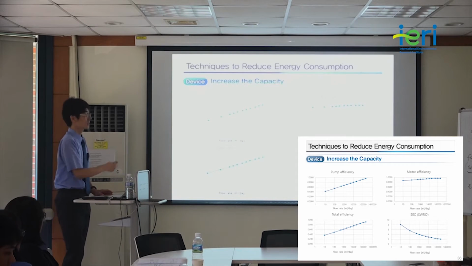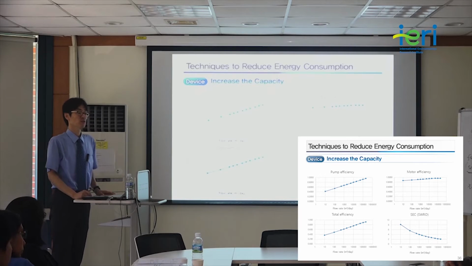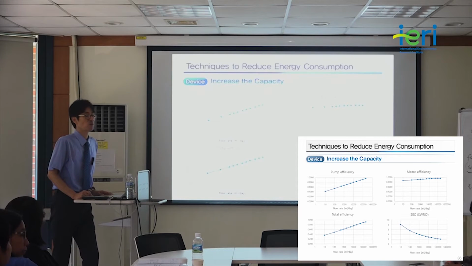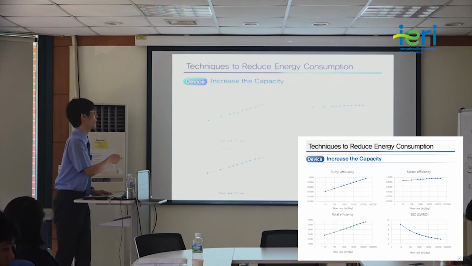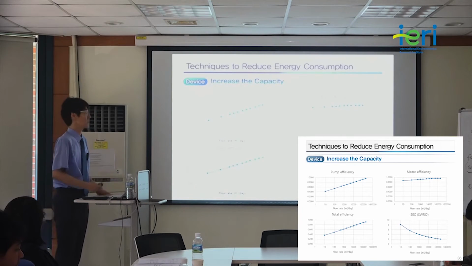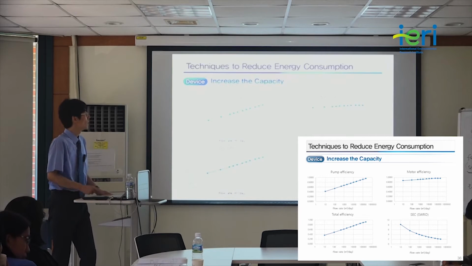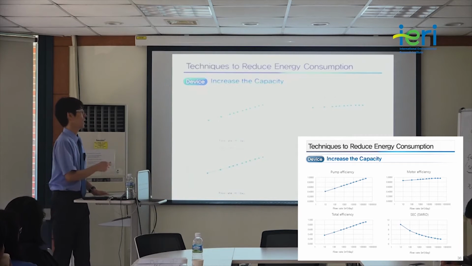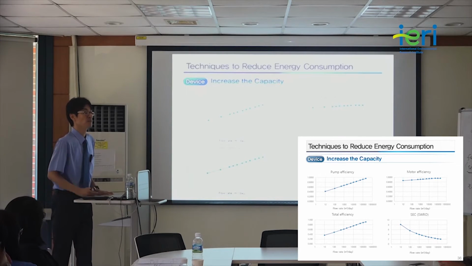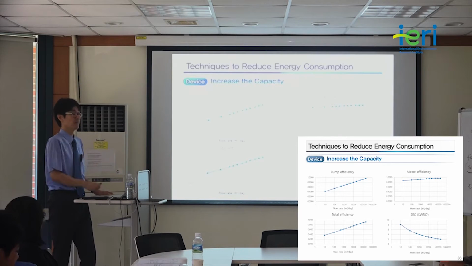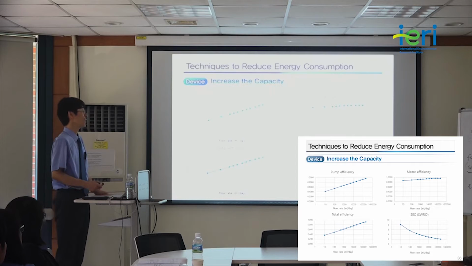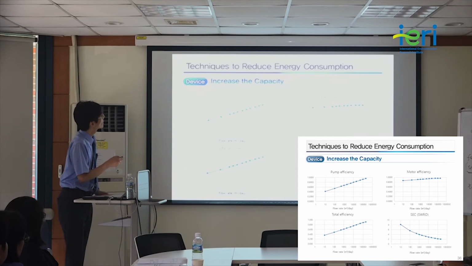In this case, if you supply the electricity, less than 40% of the electricity can be converted to mechanical energy. That's why we have the efficiency of 0.4. But if you increase the pump size, we'll have a higher conversion ratio, so the efficiency will increase. In other words, the specific energy consumption will decrease.